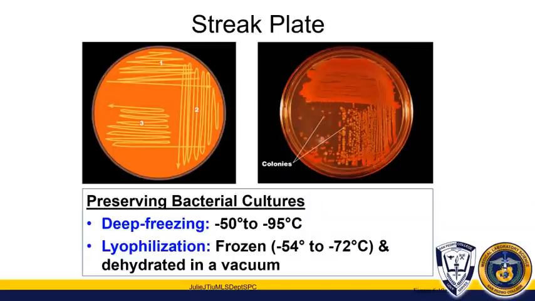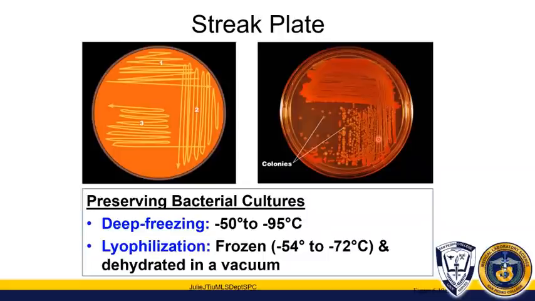So we streak to isolate. We need these isolated colonies because for sure these isolated colonies belong to a single species. It will be very difficult to identify a bacterium or the agent of disease if you have a mixed culture.